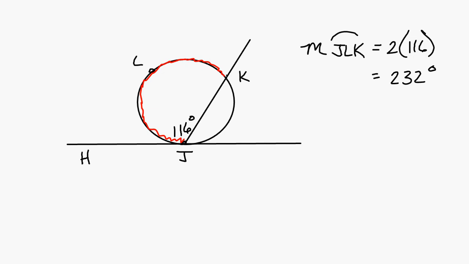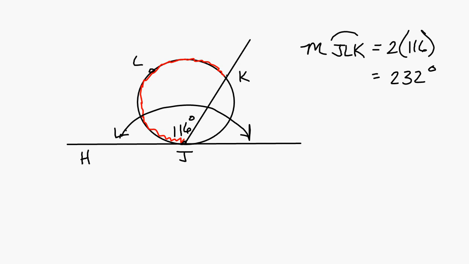Understand? Anybody confused? Tangent and a secant: the angle's half the arc. The arc's twice as big as the angle. Now look, these two angles are still a linear pair.